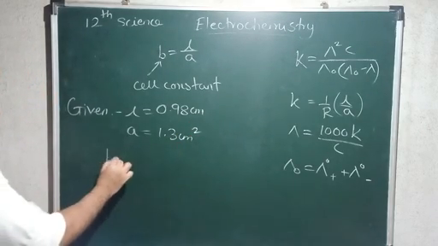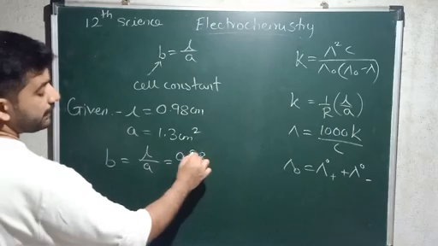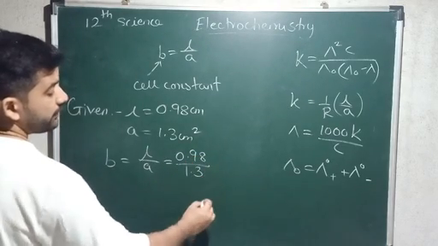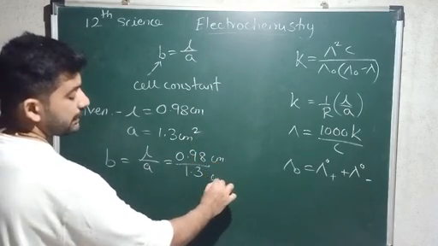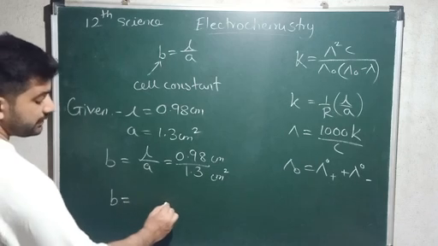When we find the value of B, it will be L by A, that is 0.98 divided by 1.3. It is centimeter divided by centimeter square, so the unit will be per centimeter.